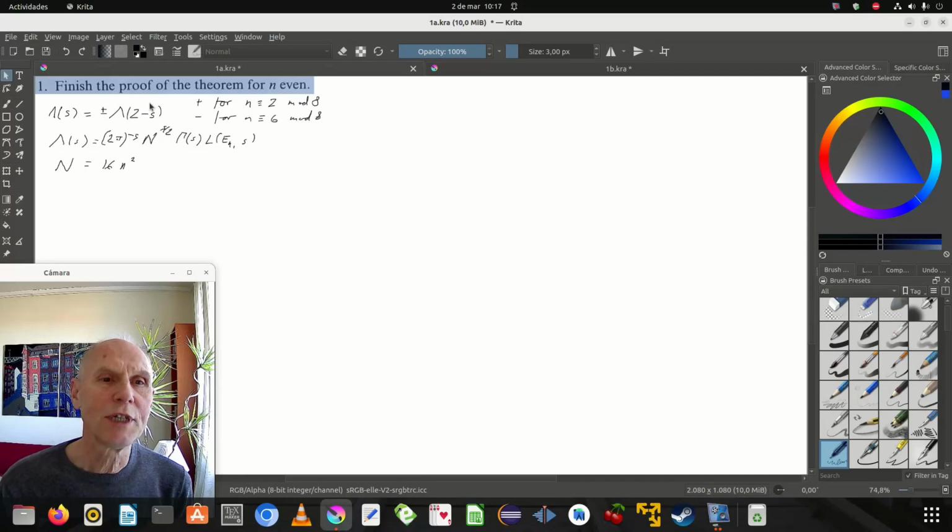We have to prove this relation where lambda is defined by this, where n is 16n squared when n is even. So it's just reduce lambda.